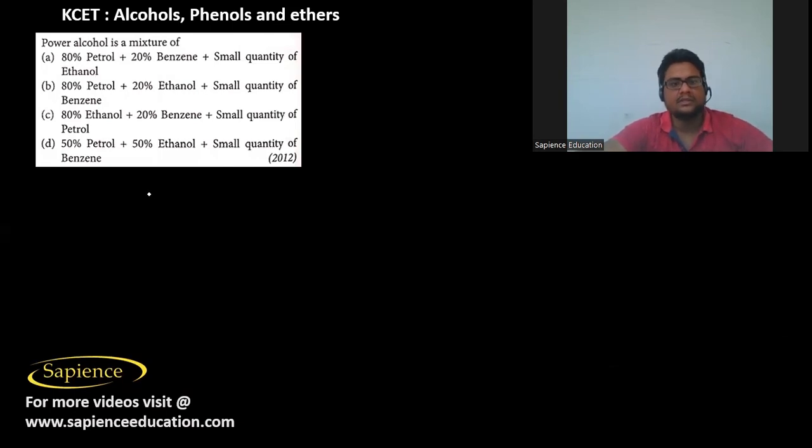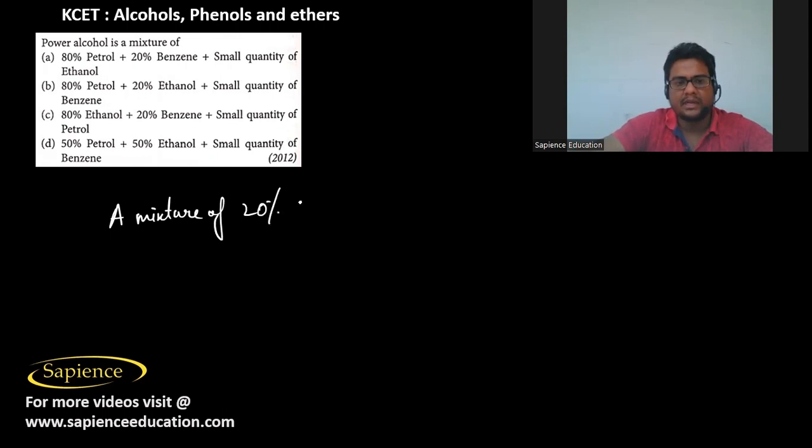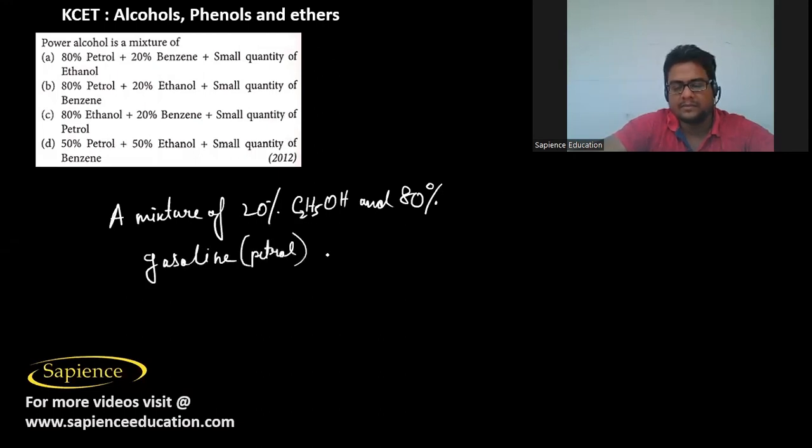Then here it is told that power alcohol is a mixture of. The rule is that a mixture of 20% ethanol, C2H5OH, and 80% gasoline or petrol is called power alcohol.